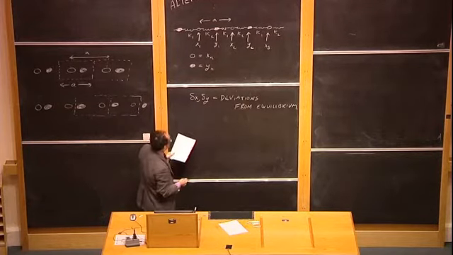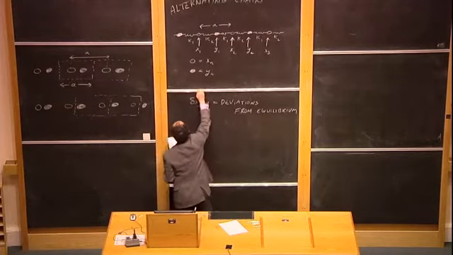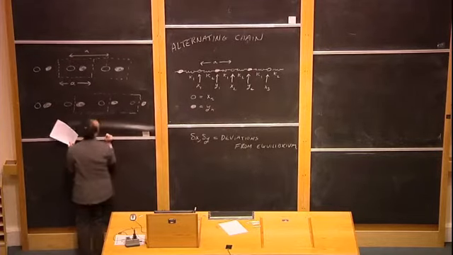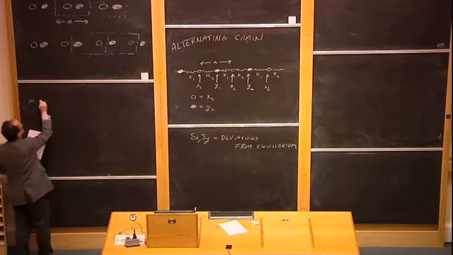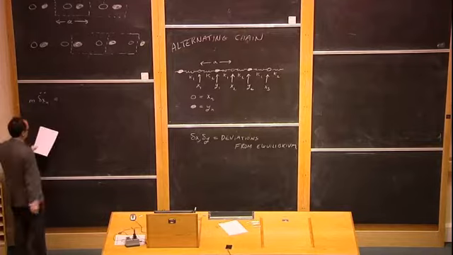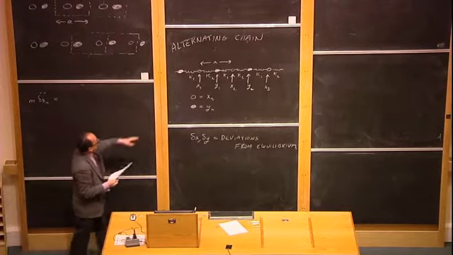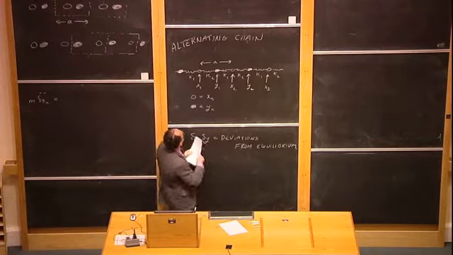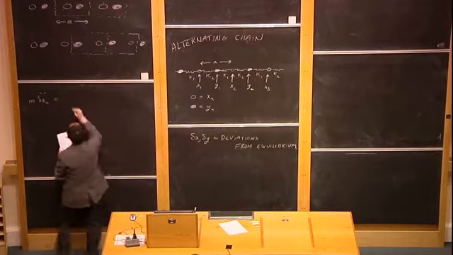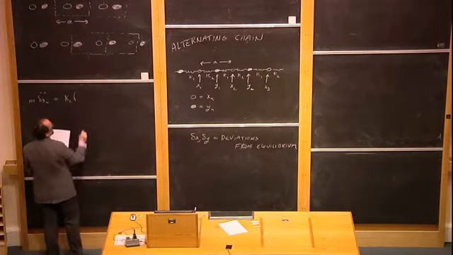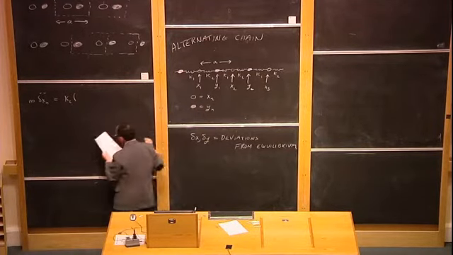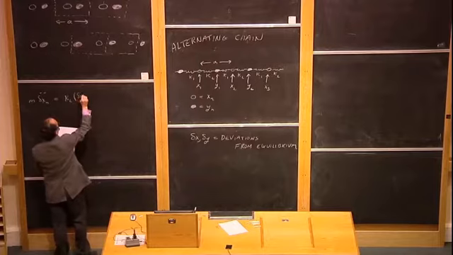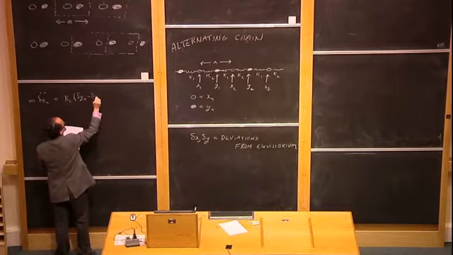So maybe I'll put it on another board, maybe over here. Mass delta x double dot, mass times acceleration equals, we have to be a little bit careful here. On an x atom, a light atom, on the right it has a kappa 2, and then on the right of an x atom is a y atom with the same number, so delta y n minus delta x n.